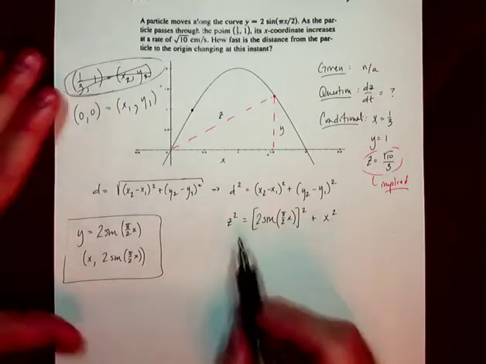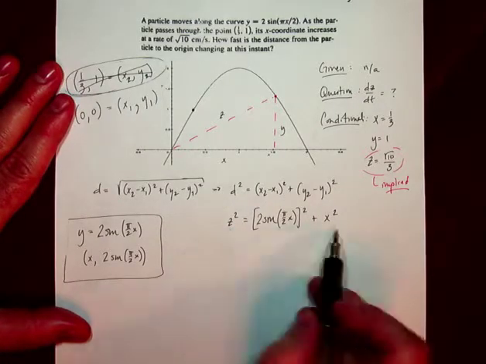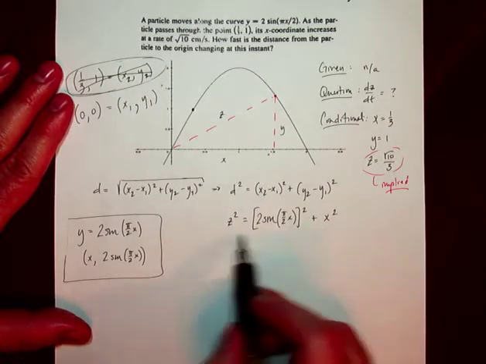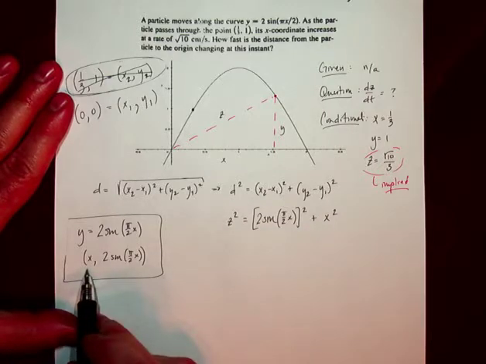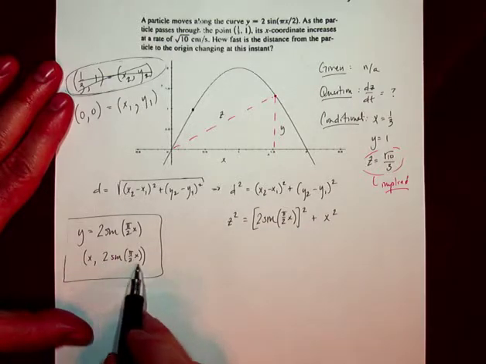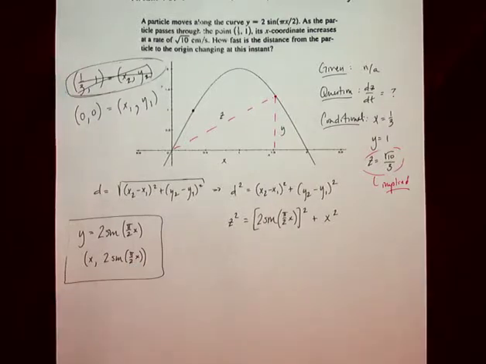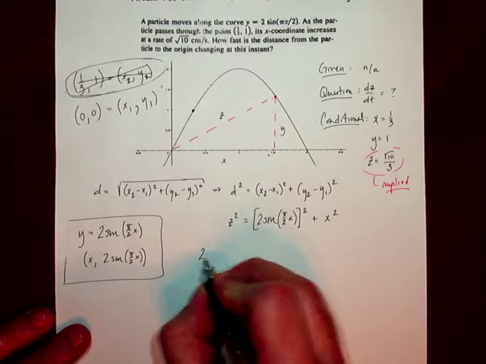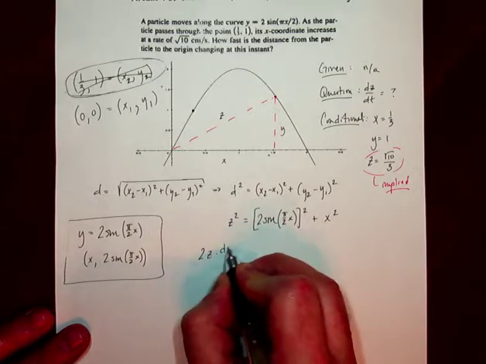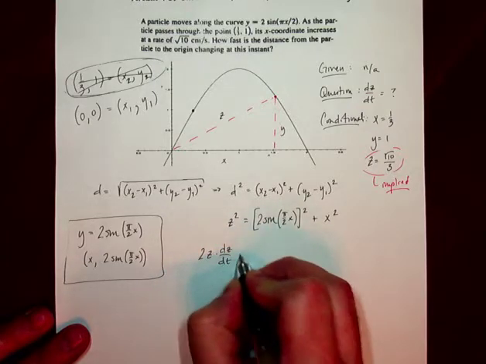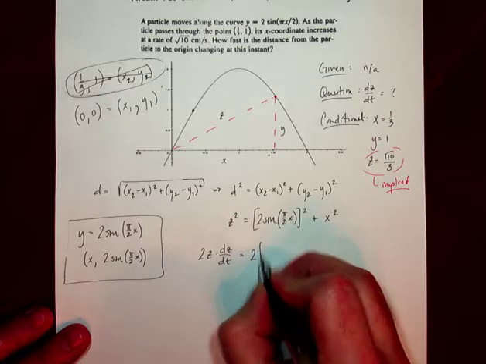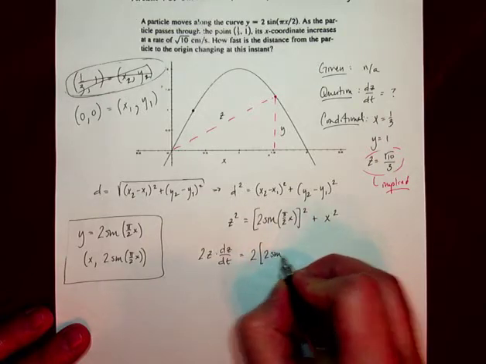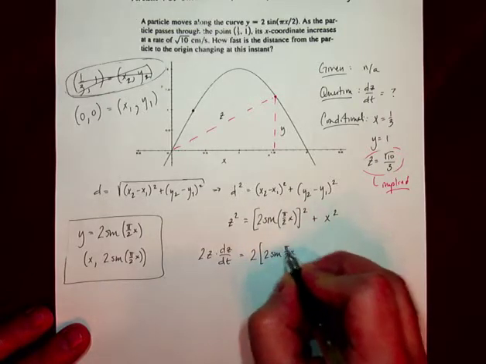So this represents basically the Pythagorean theorem for any ordered pair (x, 2 sine(pi over 2 x)). Okay? So now we need to differentiate with respect to t. So we get 2z times dz/dt is equal to 2 times 2 sine(pi over 2 x).